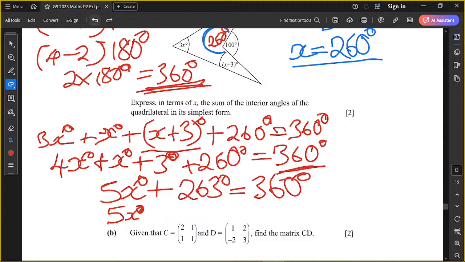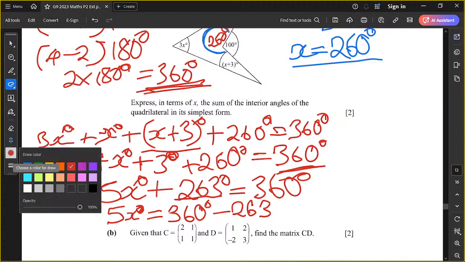That means we're going to have something like is equal to 360 degrees. Then this will close the equal sign and become minus 263, which will give us, let's see what it will give us.